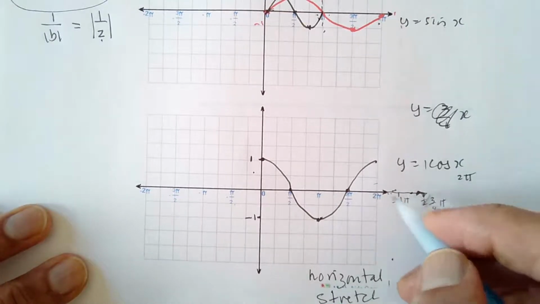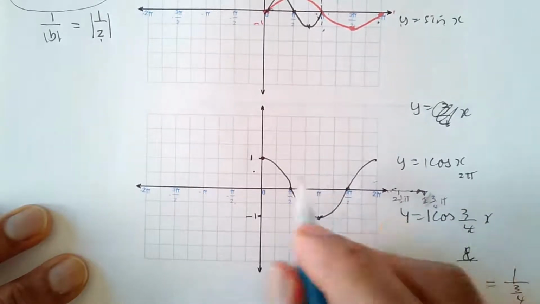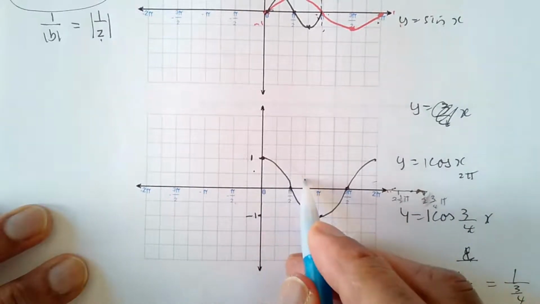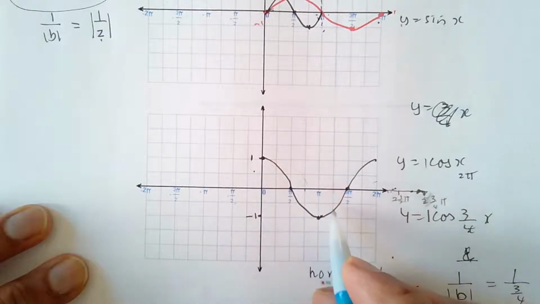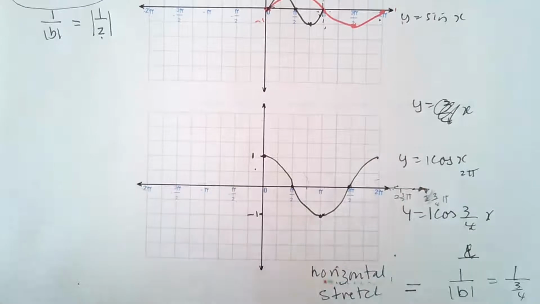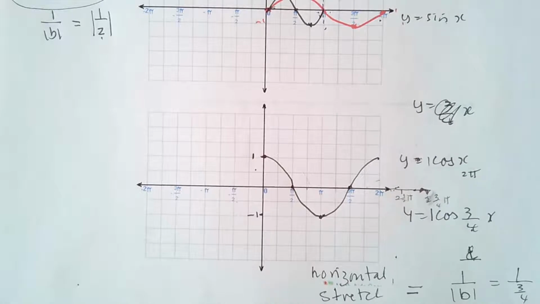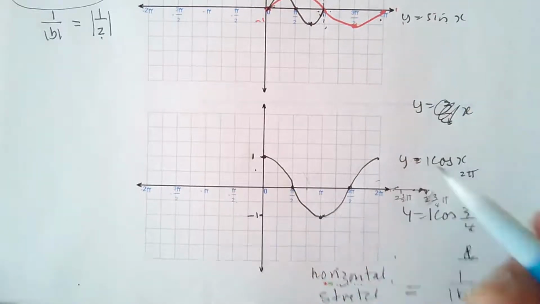Our graph will actually be stretched out and ends up here. We didn't ask to sketch it, but I just want to show you if you were to sketch that graph.